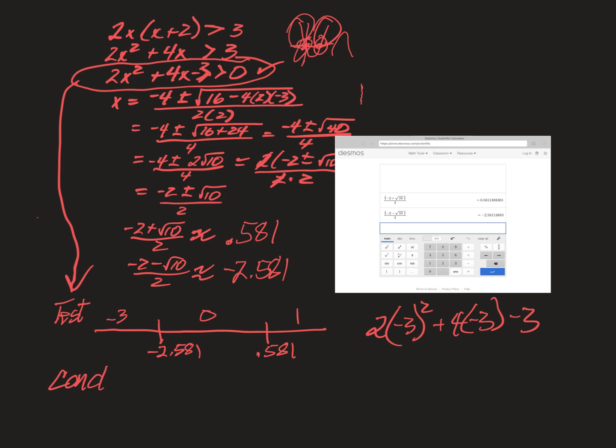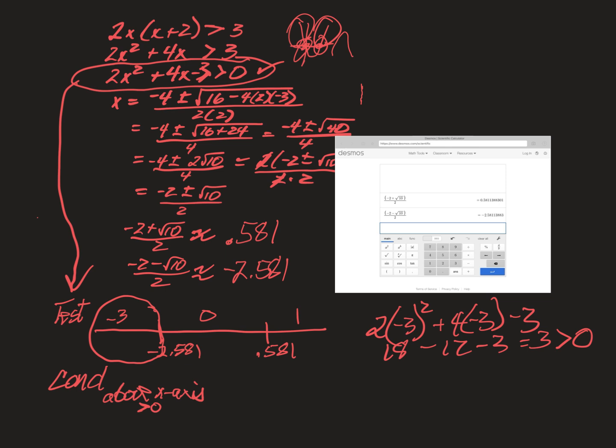So -3 squared is 9, so this will be 18 minus 12 minus 3 equals 3, which is greater than 0. Okay? So our conclusion is that we are above the x-axis here, which means we are greater than 0. So this is an interval I want to include in my answer. Okay?